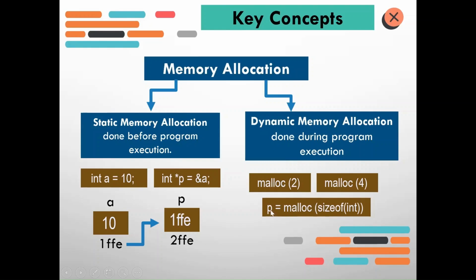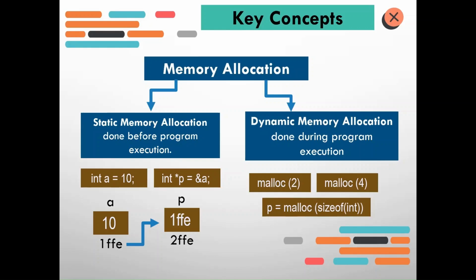So this p would store the address of those two bytes that were allocated. Or in short, to generalize, when we write malloc, we do the allocation of memory, but the starting address is stored in the variable that you have assigned it to, right? So when I write p is equal to, it means allocation would be done and the starting address would be stored by p, right?